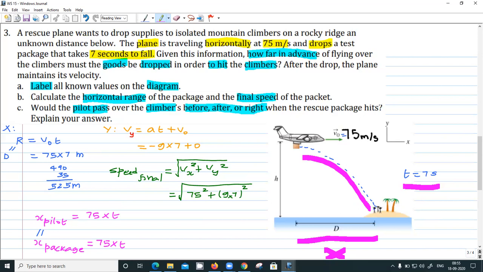No, I'm still figuring out what I have and what I don't have. Just see what you have and then see what they are asking for. Okay, they're asking for the final speed, so that's v. Vertical velocity, v.